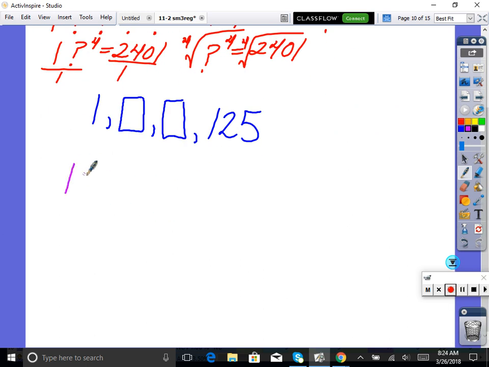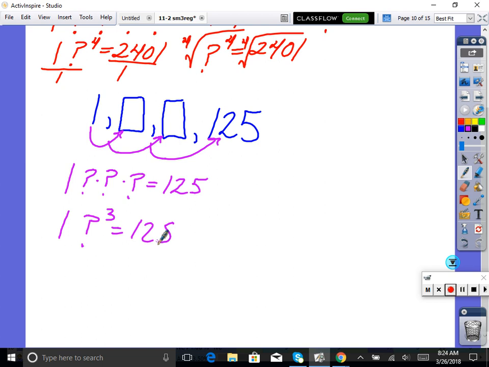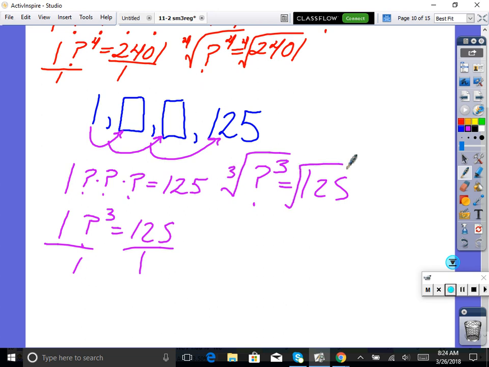So we'd say 1 times something equals that, times something again, equals that, times something again, equals 125. So then we have 1 question mark cubed equals 125, divide by 1. So then we have question mark cubed equals 125, and then wouldn't we cube root both sides? Well, odd roots do not get plus or minuses.